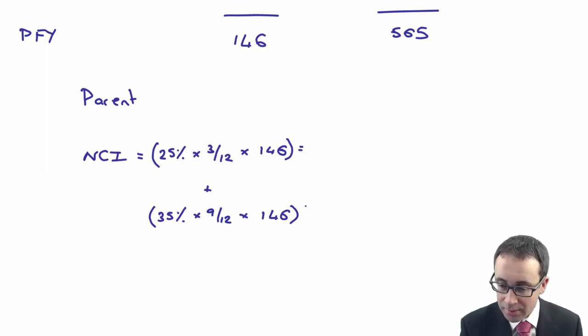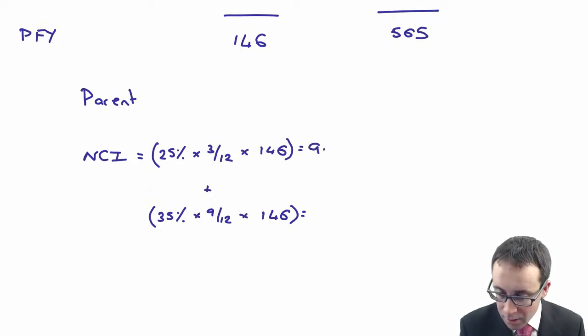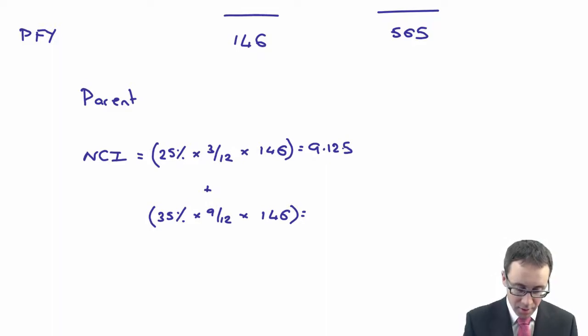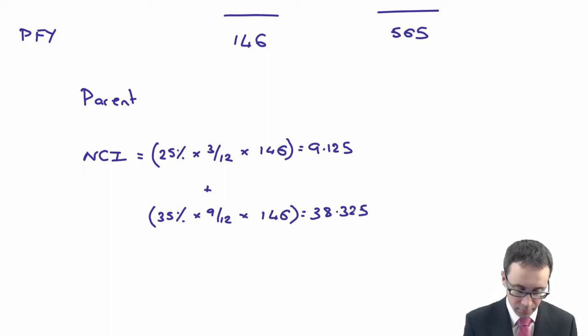So let's just tap that into your calculator. 146 times 3 divided by 12, and take 25% of that is 9.125. 9 divided by 12 times 146 times 0.35 gives me the 38.325.